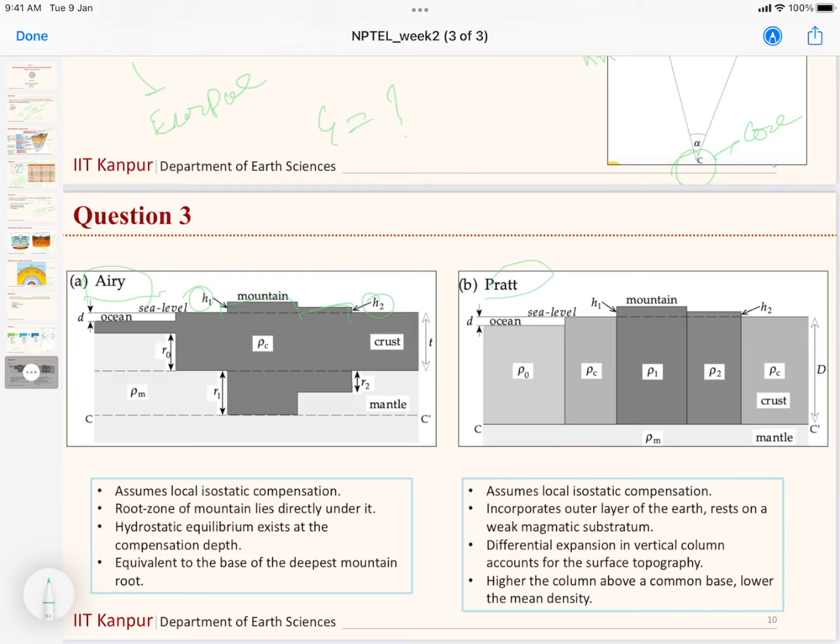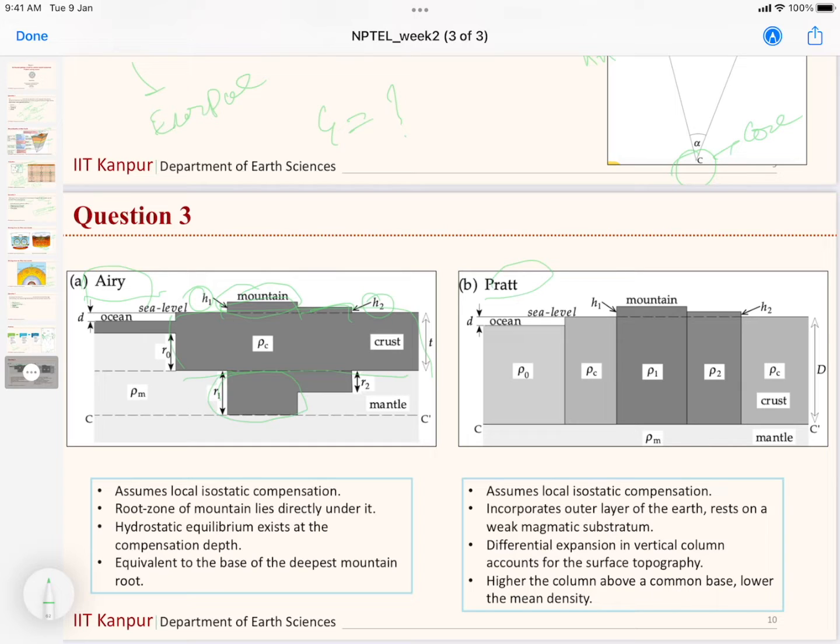Now below that the crust thickness would be constant, but what is happening is that due to this extra mass at the surface, we will get extra mass at the mantle as well. And why is it happening? Due to isostasy. So what is this isostasy exactly? See, every system tries to maintain equilibrium.